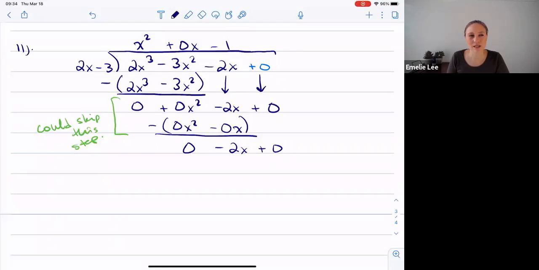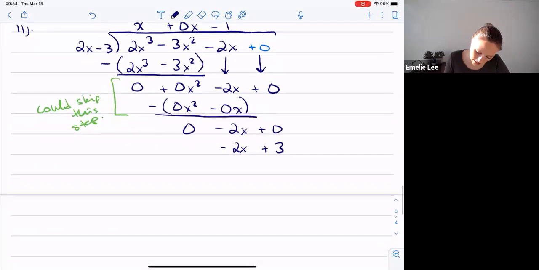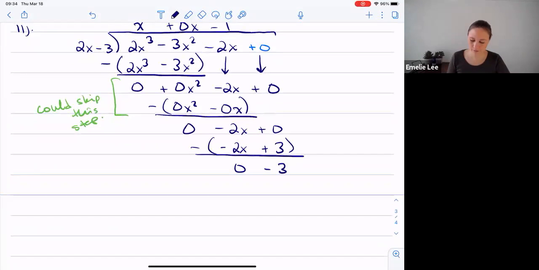And then -1 times 2x minus 3 is -2x plus 3. Just make sure here. Yeah, looks good. And then that's being subtracted. So of course this first term goes to 0 like we need it to, and then we have 0 minus 3.